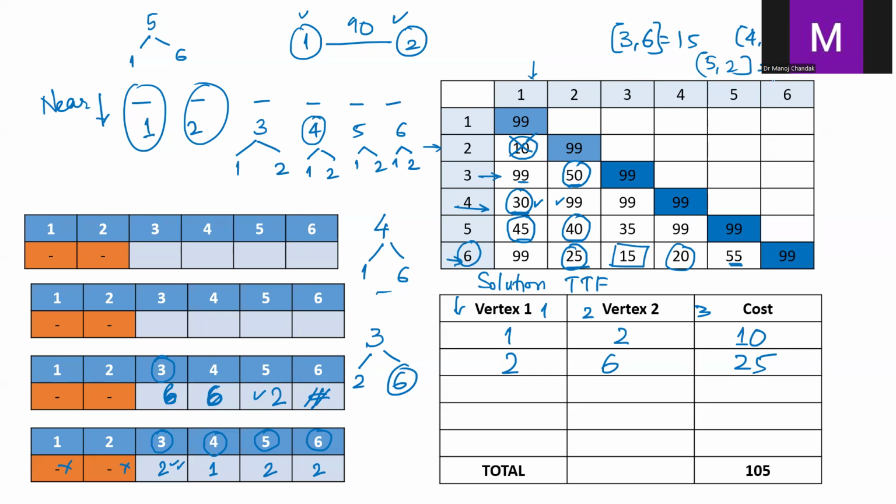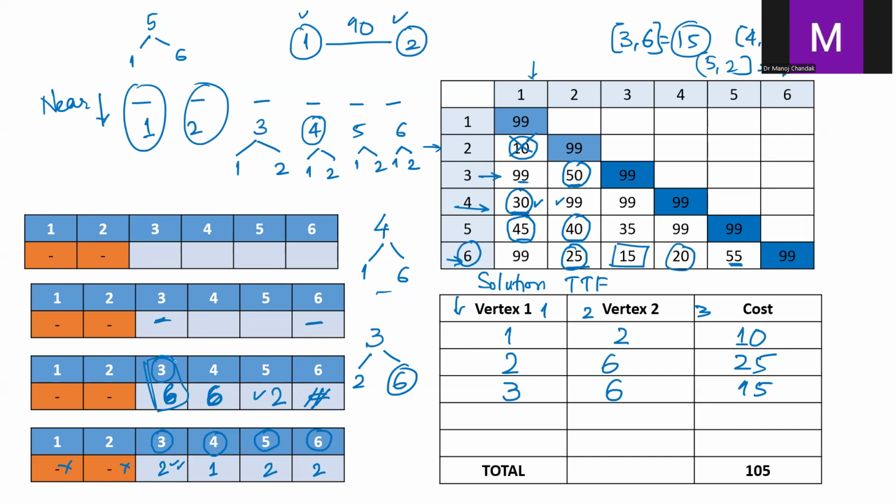Both ways are the same. So 5 2 is 40, not 20. And out of all this, 15 is best. So we will take this combination and write 3 6 and the value is 15. And we will make this entry blank.